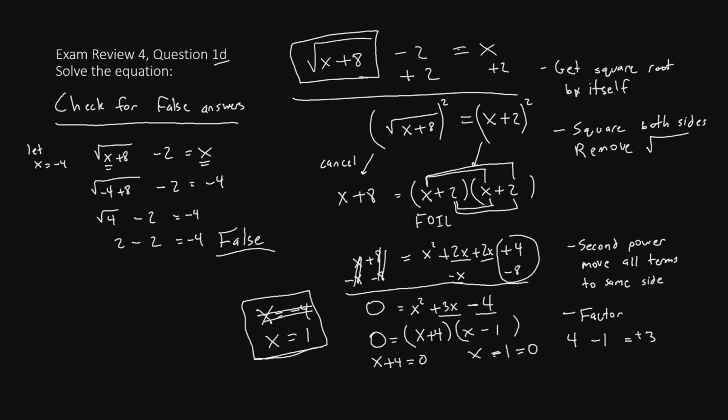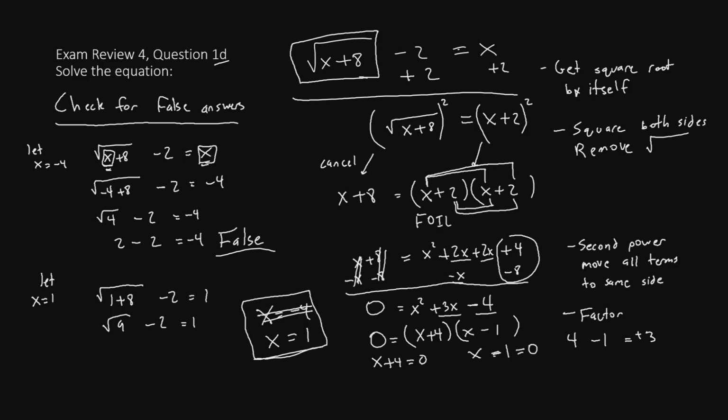Now let's check x equals 1. If we let x equal 1, let's rewrite the equation, this time with 1 in these positions where the x's are right now. We'll have square root of 1 plus 8 minus 2 equals 1. 1 plus 8 is equal to 9.